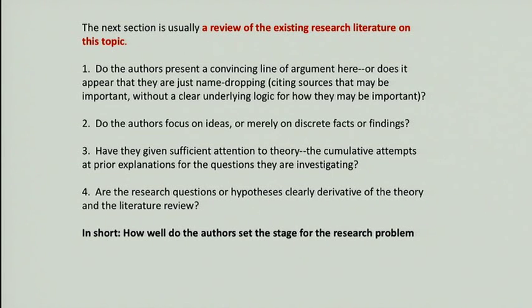So in the introduction you ask yourself, and you must also write it this way when you write a paper, do you present a convincing line of argument here, or does it appear that you're just name dropping, for example? This is something that I find very often. Miller said this, and Smith said that, and Taylor said that, and Twining said that. So there is evidence that we all agree on the same subject.